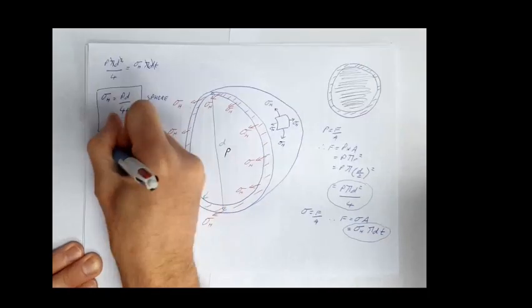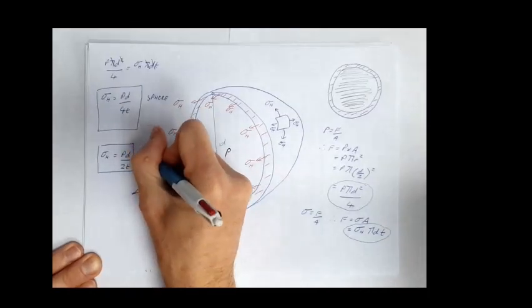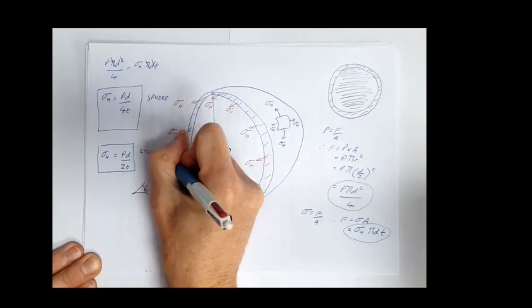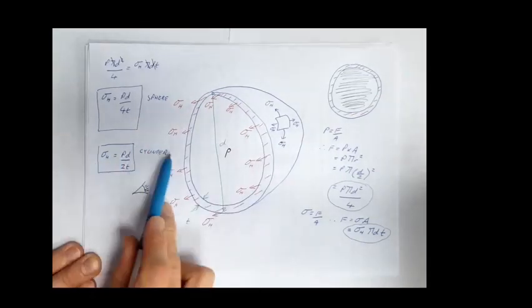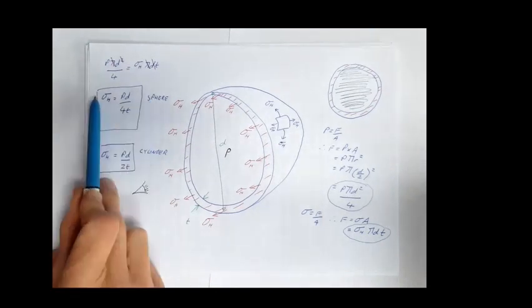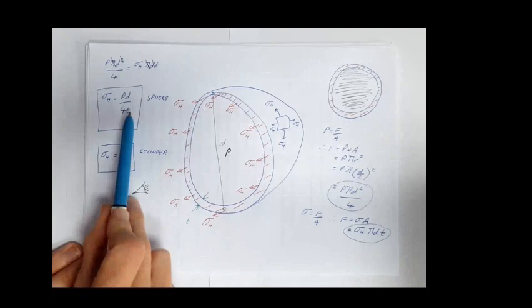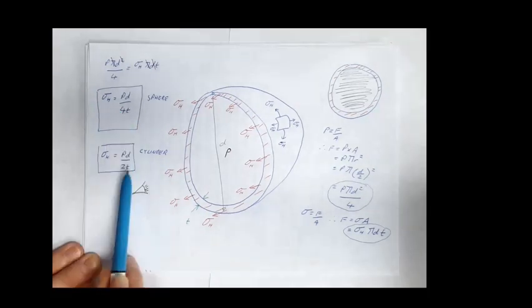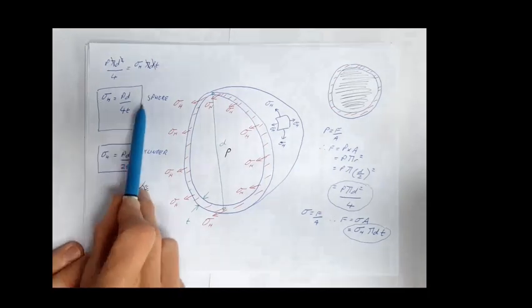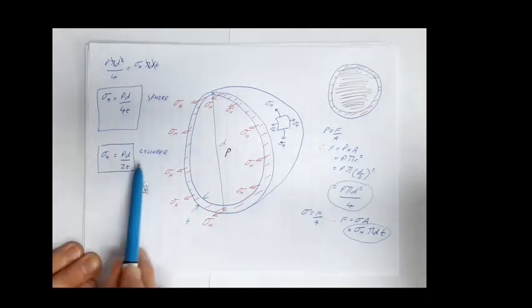That was my hoop stress for a cylinder. That's what we derived last time. So my hoop stresses in my sphere are half as big. We've divided by 4T this time instead of 2T. So my hoop stresses are half as big in my sphere as they are in my cylinder.